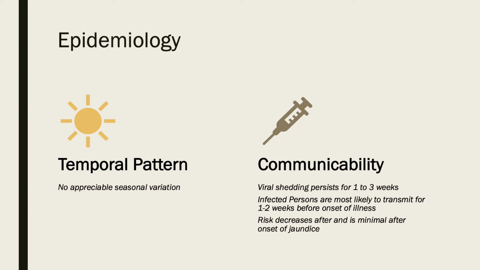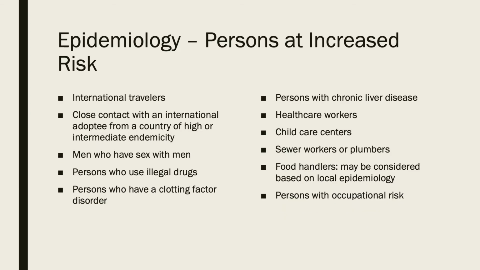Risk decreases after and is minimal after onset of jaundice. So you're shedding this virus mainly during the portion of time that you don't know you have the virus, which is very important for us to understand as we try to find ways to treat the virus and help deal with the symptoms that people had.